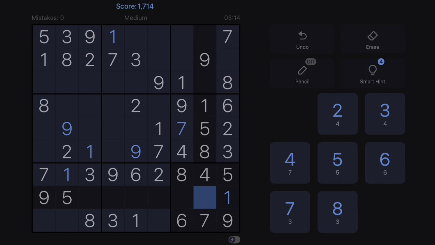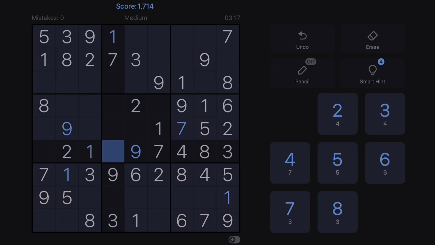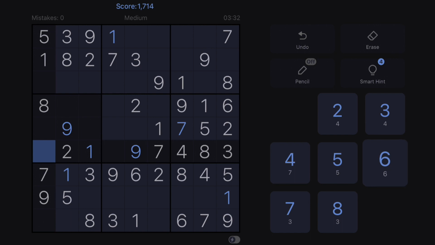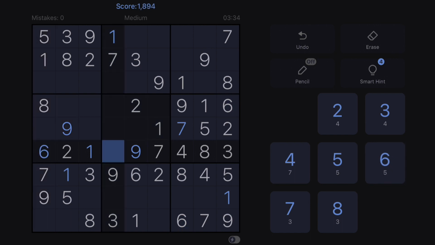Okay, so let's try this one too. There's only 2 numbers missing in this one, and they are a 5 and a 6. Well, let's see. The 5 cannot be here. So there's 1 above. So this is going to be our 6. And that means our 5 is going to be here.